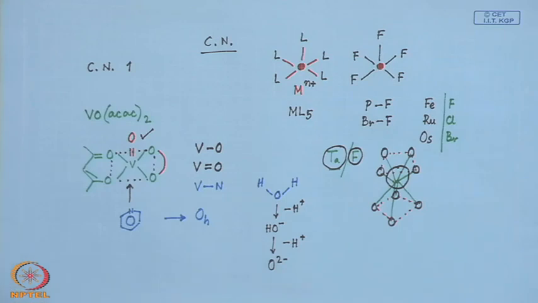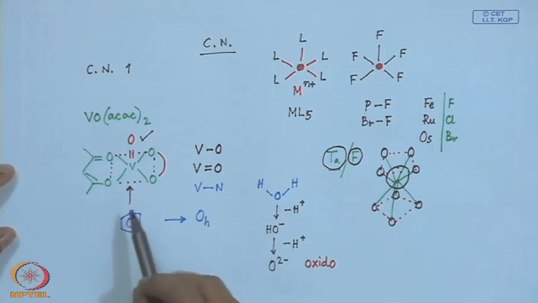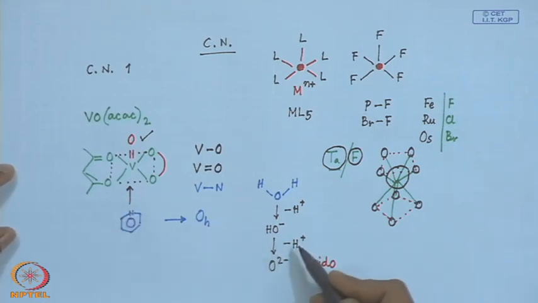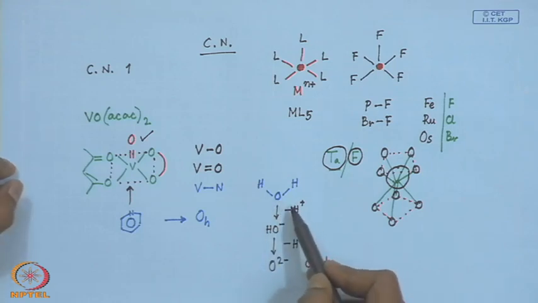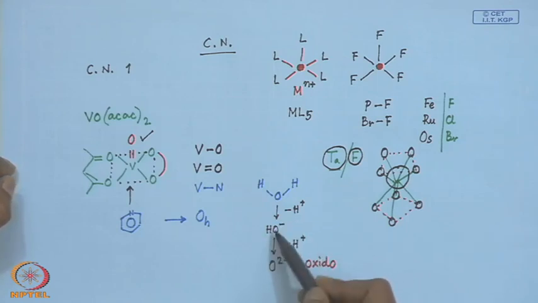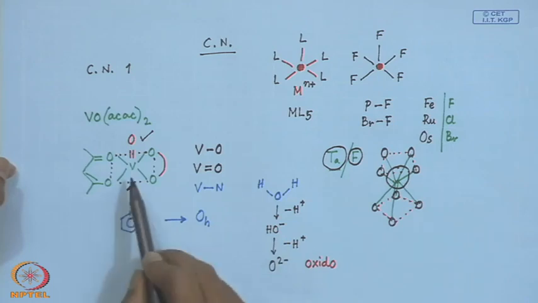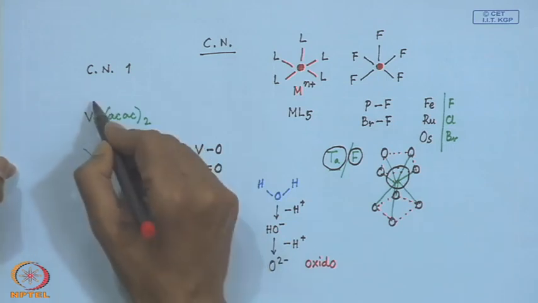So, when it is in the isolated form, that means when it is simply present as O2 minus, we can consider it as an oxido ligand. Its affinity for getting back the proton, which was lost from the hydroxide group or the hydroxide group generated from the water molecule, would be different when it is bound to a particular metal center such as vanadium in +4 oxidation state.